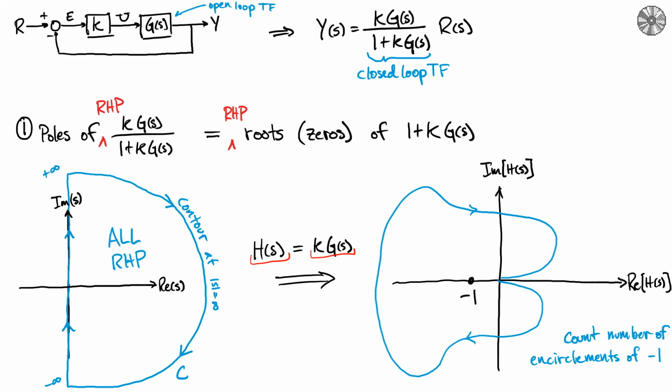The previous definition was h of s equals 1 plus k times g of s, and we were looking at encirclements around 0, and now we're going to subtract 1 off both sides, and that's going to lead us to now looking at encirclements around -1 instead.